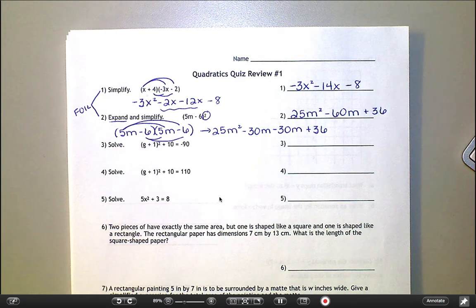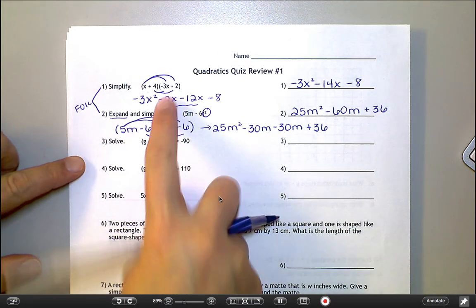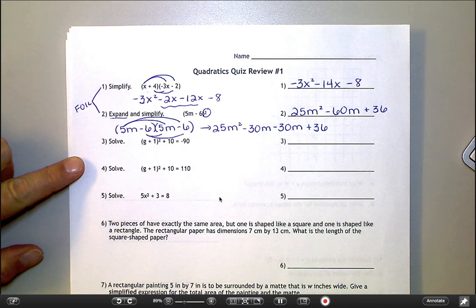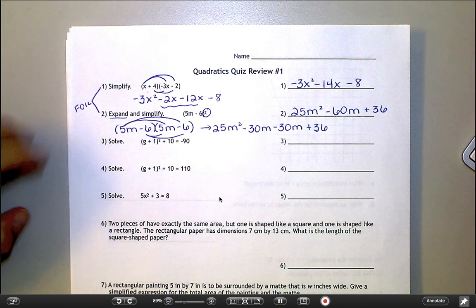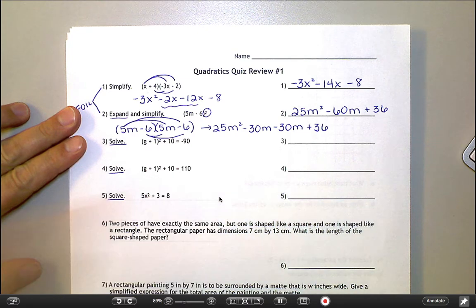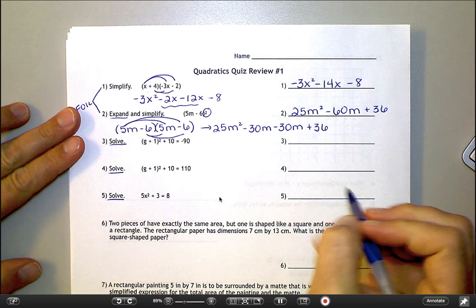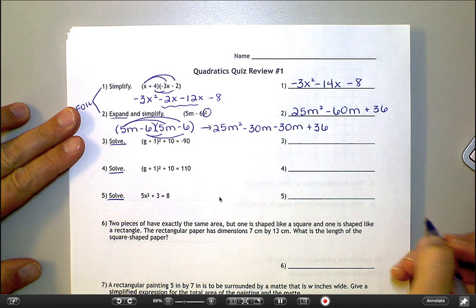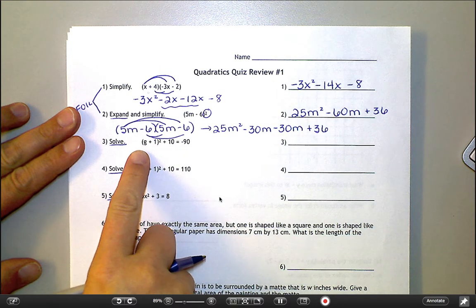Okay, 3, 4, and 5 look sort of similar to these problems, like when you look at the actual equation that you're given, but notice that these directions say solve. Solve means that in your final answer, you're going to be able to say what x equals, or I guess in this case, what g equals.